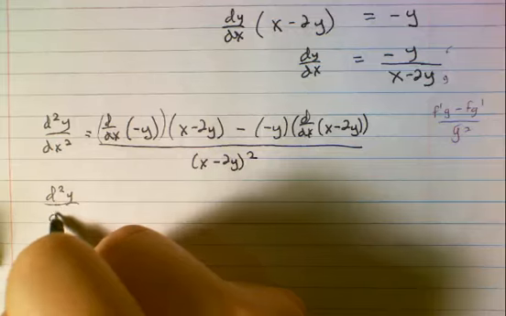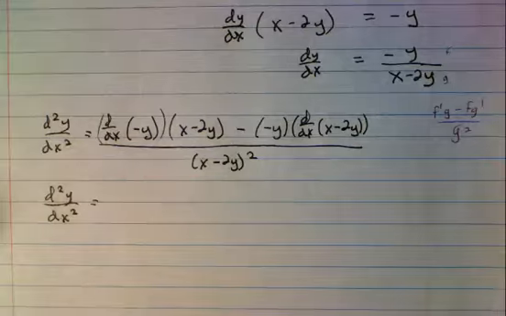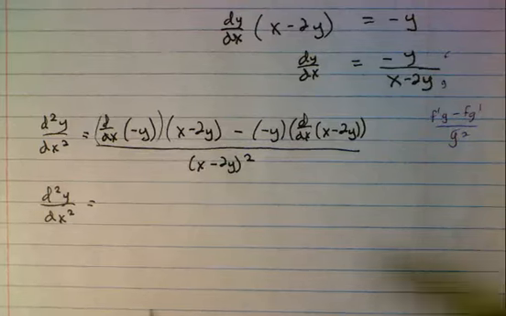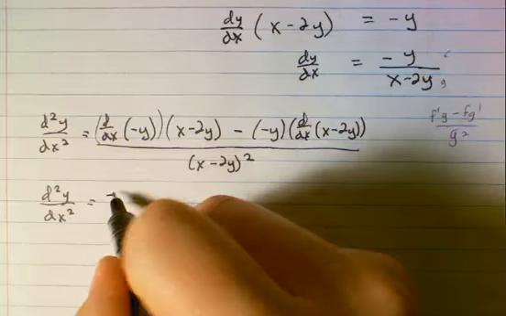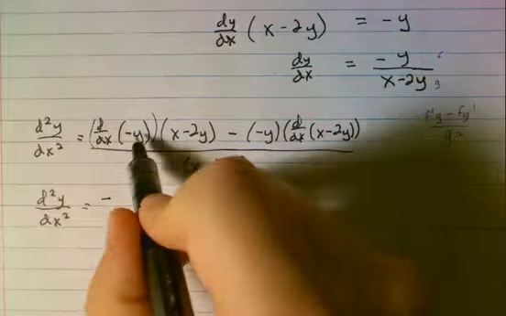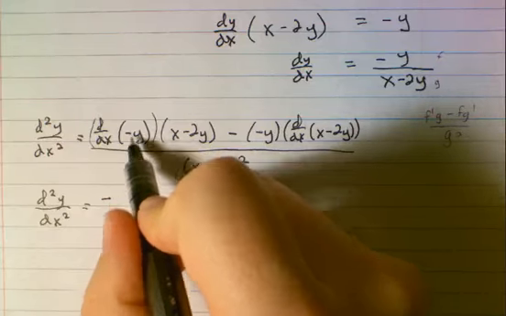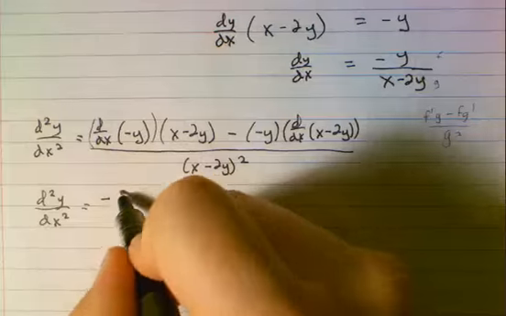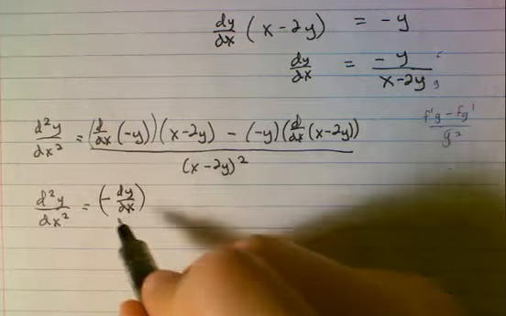So second derivative of y with respect to x. This would be negative 1. Bring down the exponents, subtract 1 from the exponent. This is y to the 0, but because this is a y and it doesn't match, we have to do the chain rule. So there's a dy dx multiplied by that negative 1.